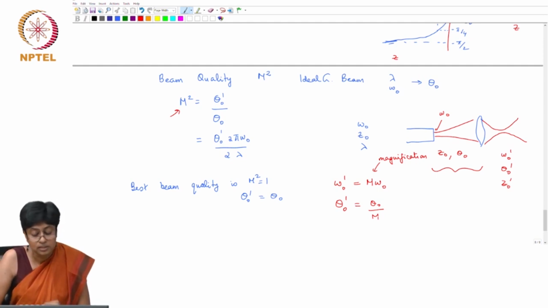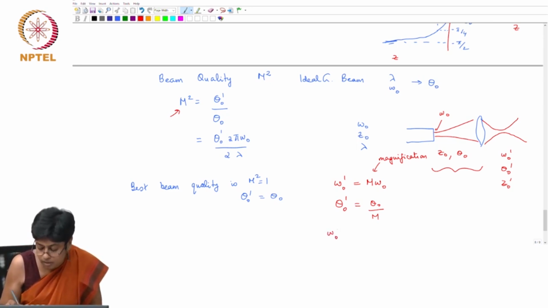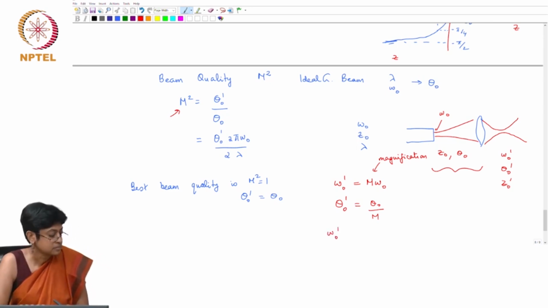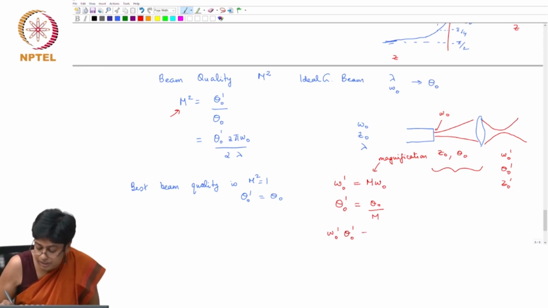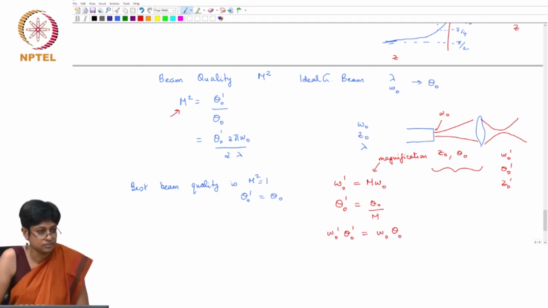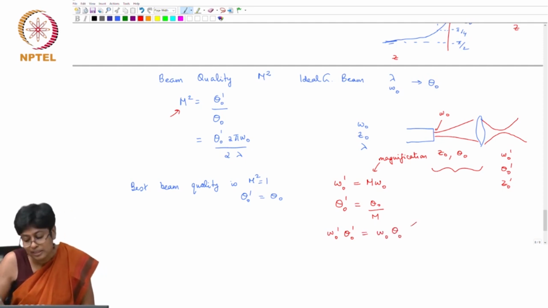In other words, omega naught dash theta naught dash is equal to omega naught theta naught. And this, if you will, is like the uncertainty principle in Gaussian beams.